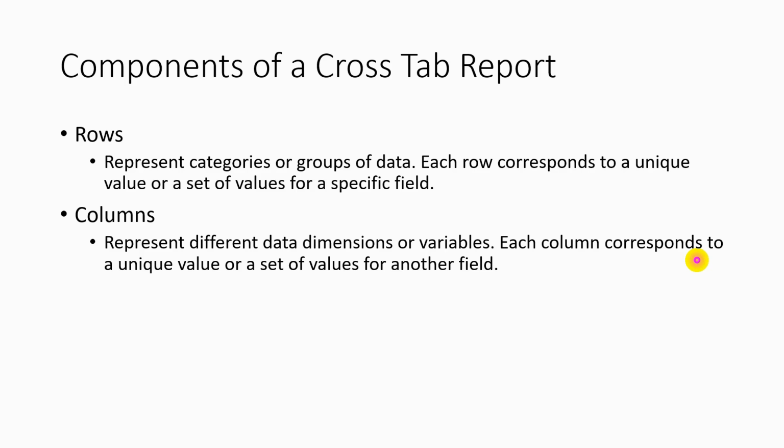Each row corresponds to a unique value or a set of values for a specific field. Second is columns. Columns represent different data dimensions or variables. Each column corresponds to a unique value or a set of values for another field.